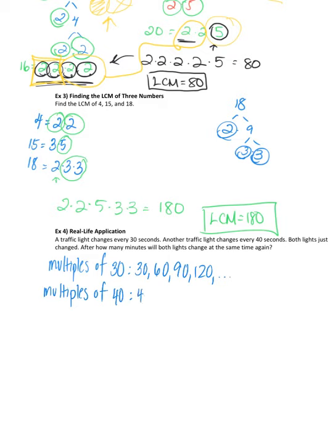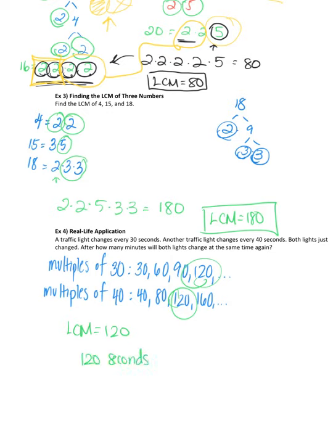So here we have 40, 80, 120, 160, and so on. So we want to now circle the least common multiple. So looking at our list, we should all recognize that we see 120 and 120. So if the LCM is 120, that means that both lights will change again after 120 seconds.